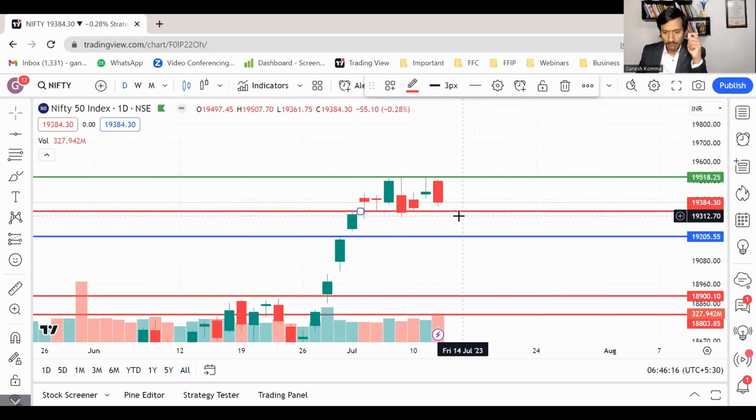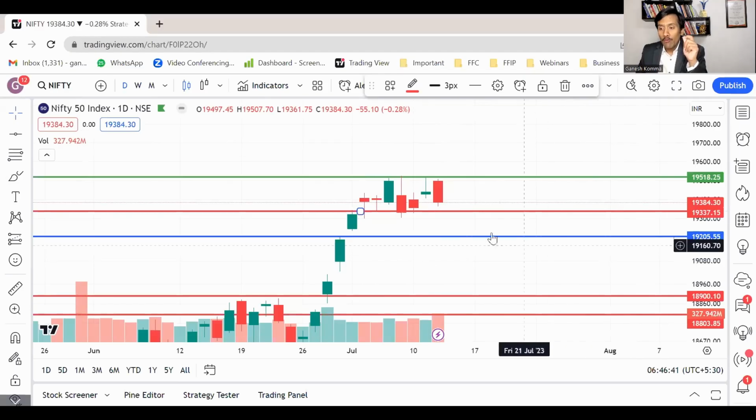I'm just connecting the dots. On 3rd July, 4th July, 5th July, 7th, 10th July, all the candles' wicks are touching this line. So this red line forms its support.